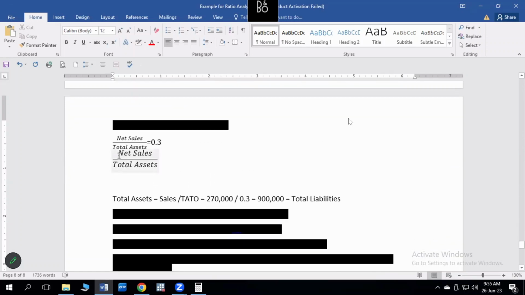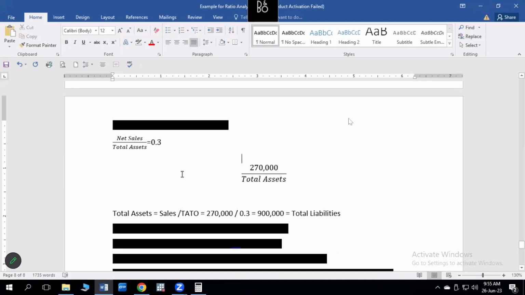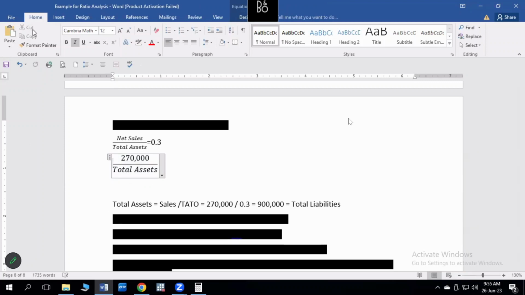So what is the substitution you can find? Net sales you got as 2 lakhs and 70,000. But total assets you want to find out. Total assets you want to find out. This is equal to 0.3.